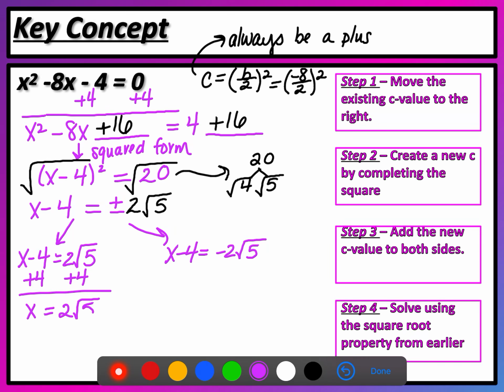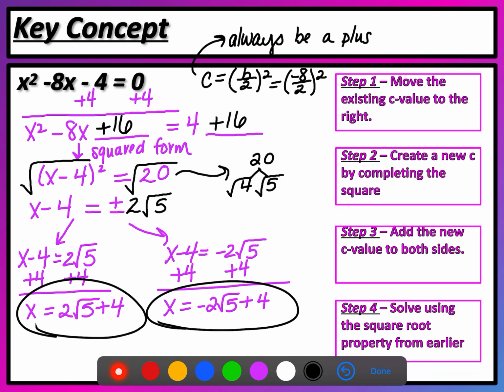Okay, when I go to solve, these are not like terms. They're going to stay separate. Okay, so these are 2 real irrational roots, in case you were wondering.